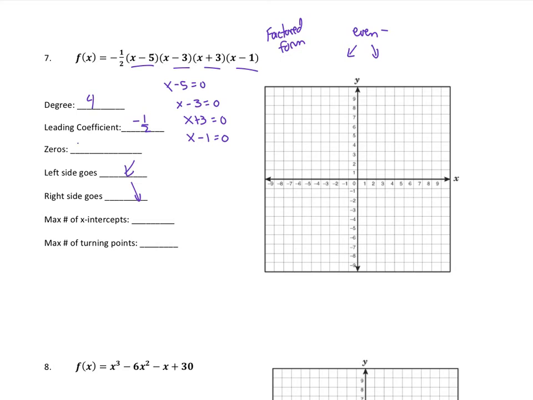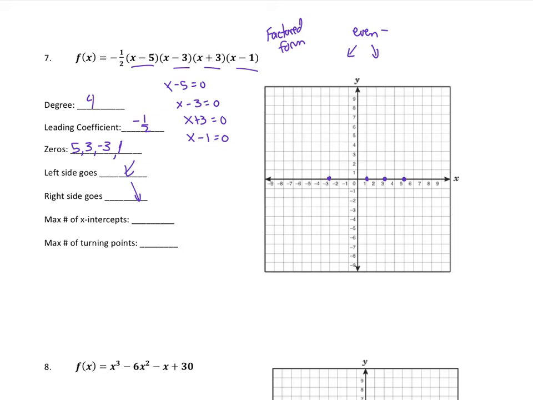So we've got 5, 3, negative 3, and positive 1. We're going to plot those. 5, 3, 1, and negative 3.